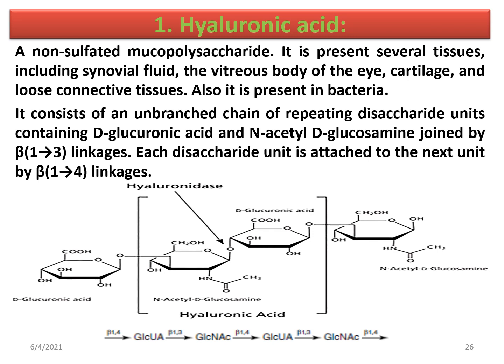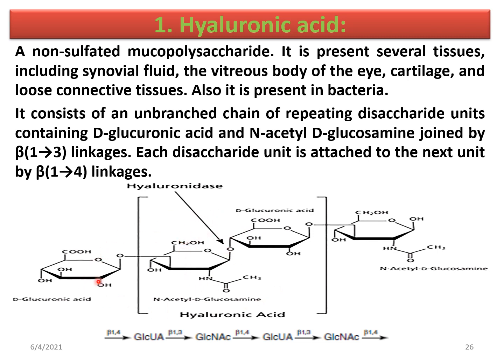It is present in a variety of tissues, including the synovial fluid, the vitreous body in the eye, the cartilage, and also in loose connective tissues. It is also present in bacteria. Chemically, hyaluronic acid consists of an unbranched chain of repeating disaccharide units containing D-glucuronic acid and N-acetylglucosamine.